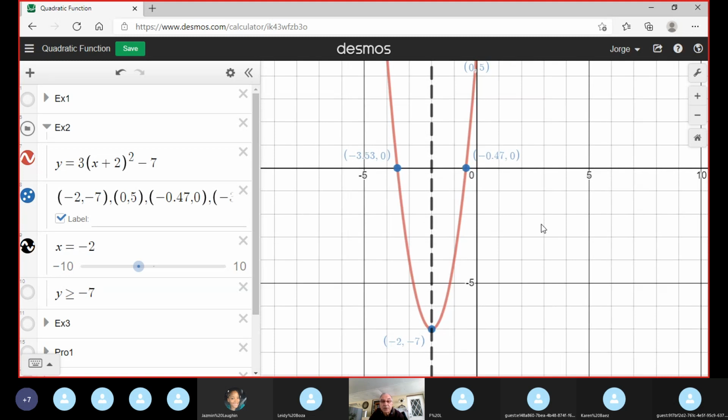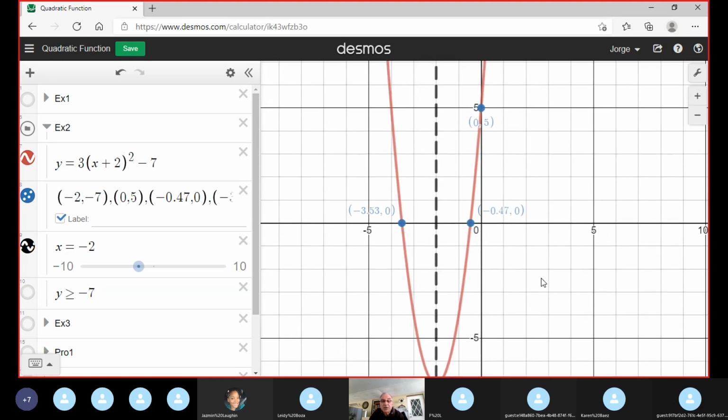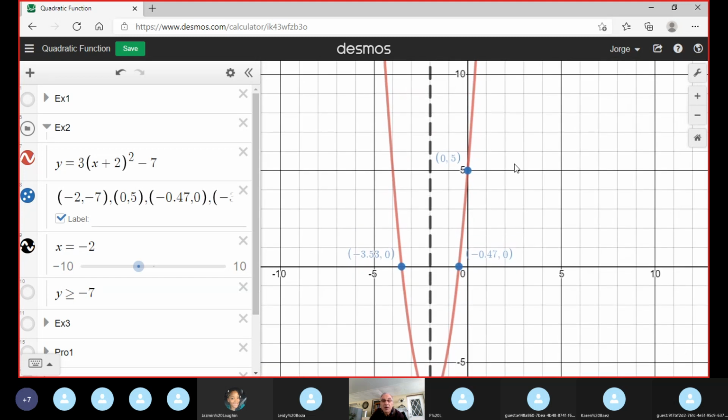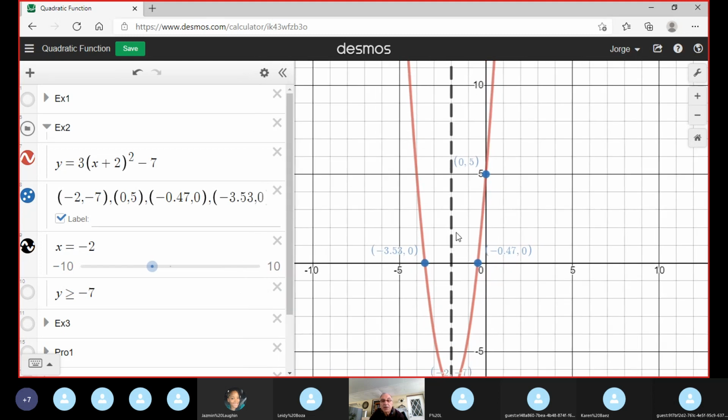We found the x-intercepts, que es -0.47, 0 and -3.53, 0, and we found also the y-intercept, que es the point 0, 5, no? Que es C value. Now you can find another extra point here. We see que it should be, in my opinion, si this distance is 2, this distance is also 2, entonces es -4.